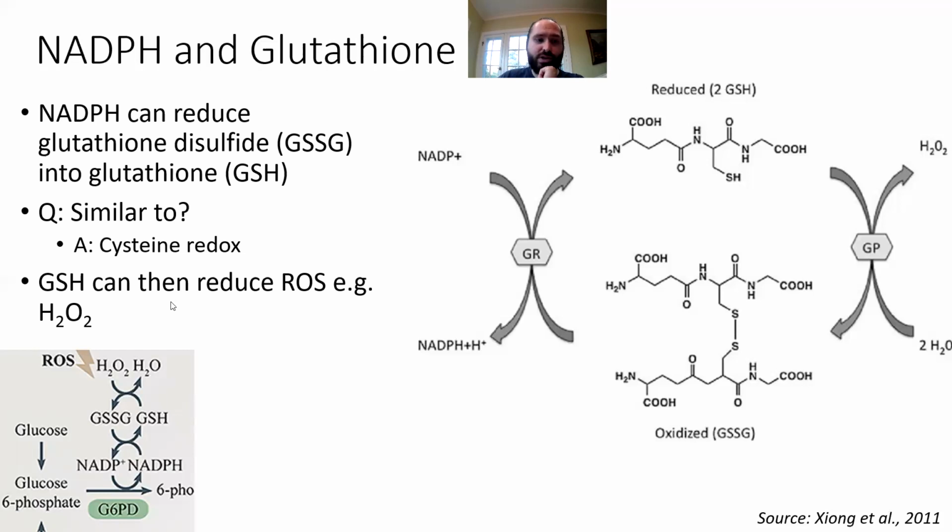And then here's the version that we saw in the other figure, where we reduced NADP plus to NADPH, then NADPH reduces glutathione disulfide to glutathione, and then glutathione reduces peroxide to water. So any questions here? Cool.